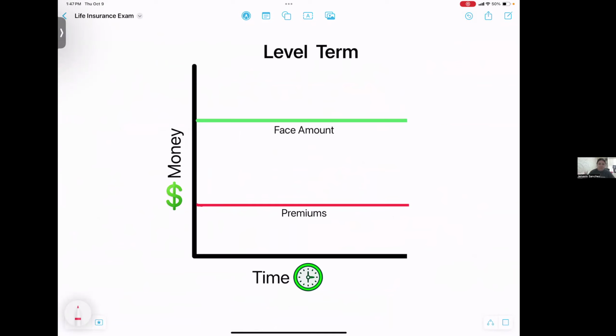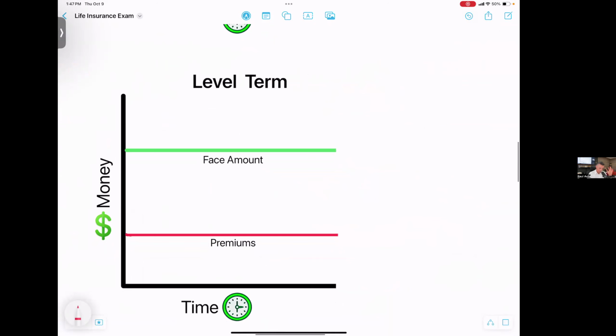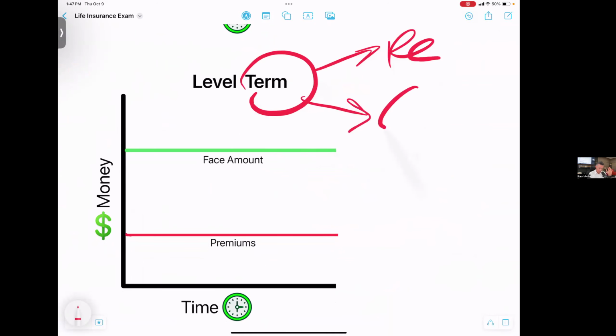Like it just cancels? Well, no, remember, when the term ends, you could do two things: renew it or convert it. Remember that, okay? And yes, term insurance does not have cash value, period.